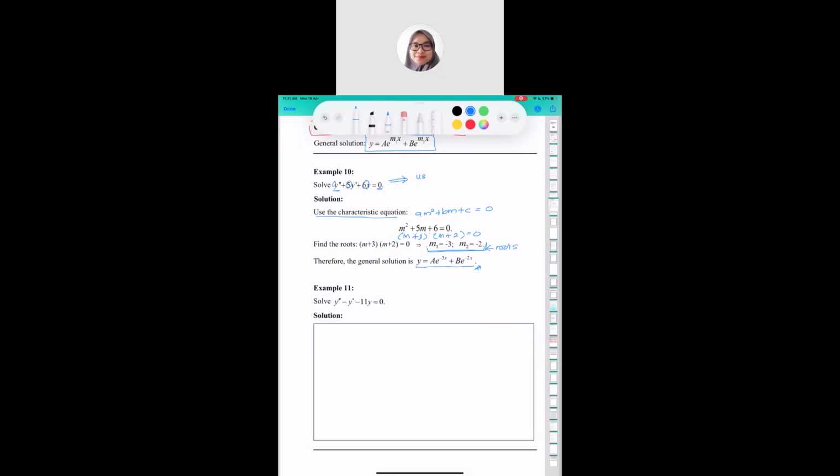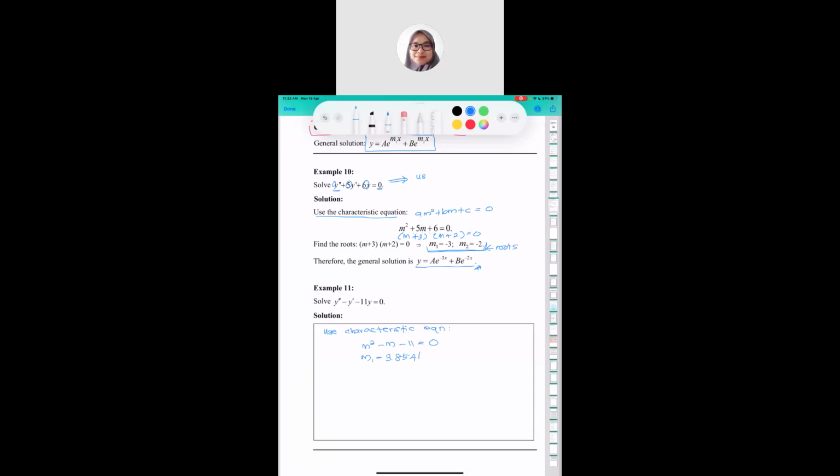Sorry. The first one, use characteristic equation. Saya masukkan, saya ada m squared minus m minus 11 equal to 0. So you just press the calculator, m1 equal to, apa m1 yang you dapat? 3.8541. Betul? Semua dapat macam tu?